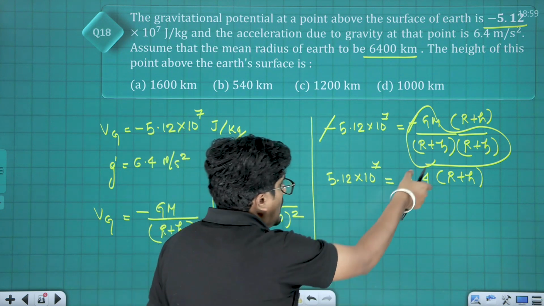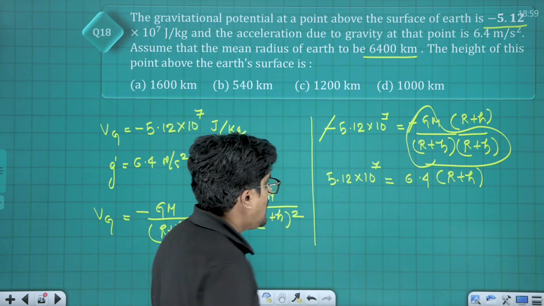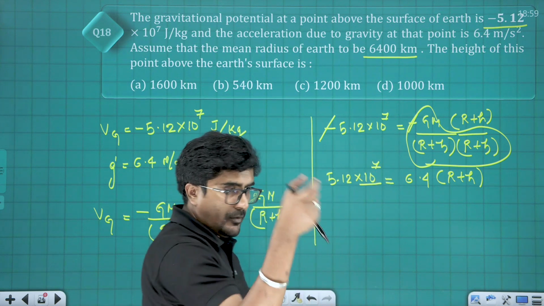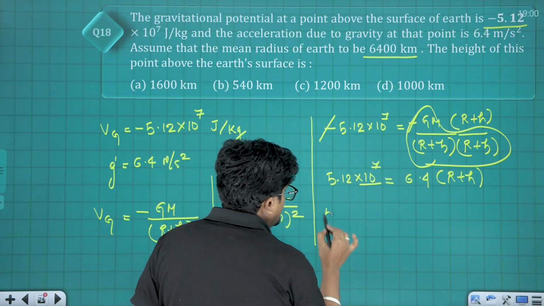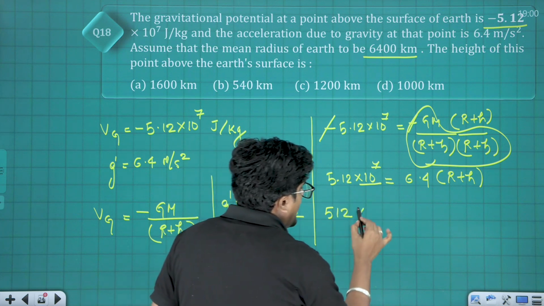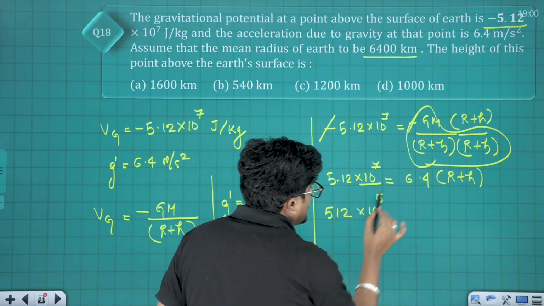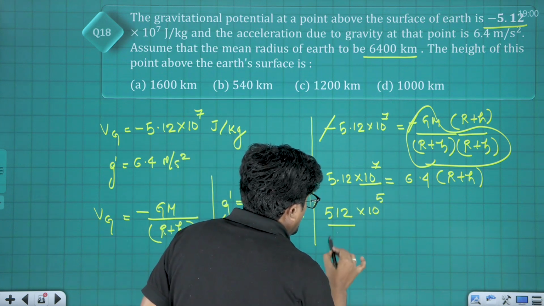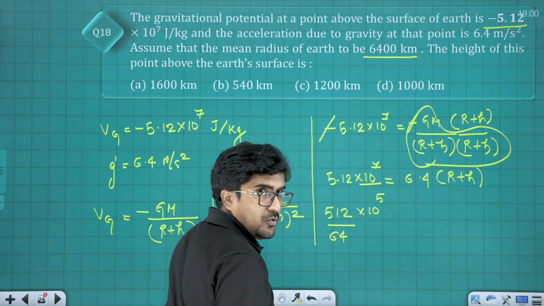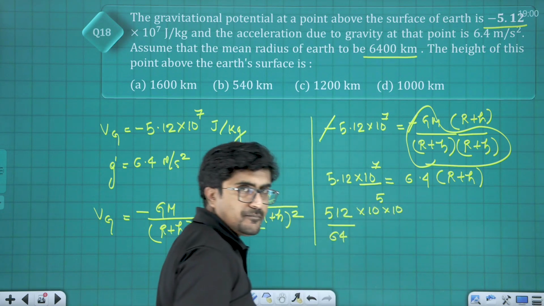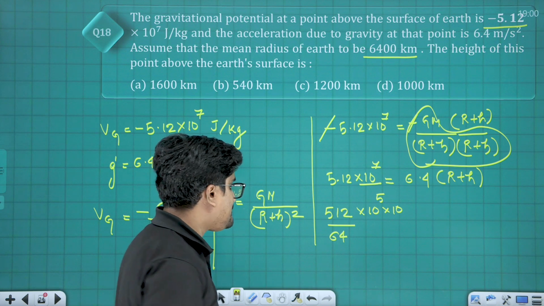Now let me take this towards the left. Out of this 10 to power 7, I am going to take 10 to power 2. That will make this 512, and I am left with 10 to power 5. And once it comes here, it's going to be 64, and there I will be having 10 to power 6.